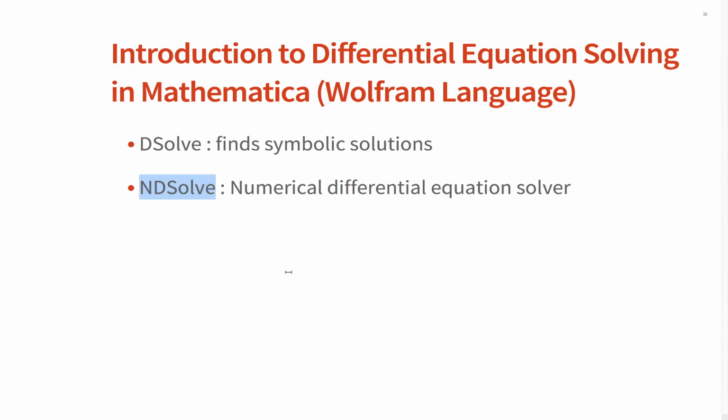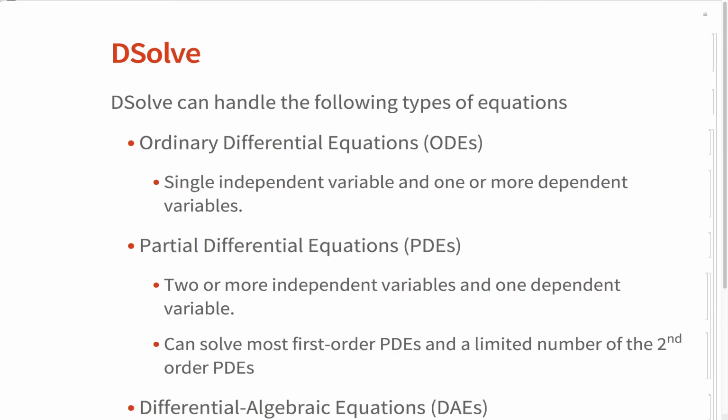The objective of today's session will be more focused on how to use DSolve, what type of differential equations can be solved using this function. So all of my demonstrations today will be dealing towards symbolic solutions. So let's see what types of equations DSolve can handle.